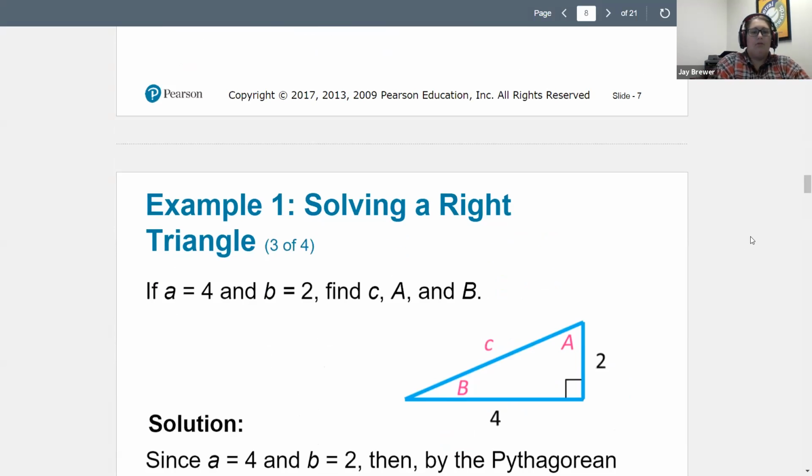All right. So this is another one. This time they give you 4 is A, B is 2, and you have to find C, A, and B. So what can you do first? What's the easiest one?